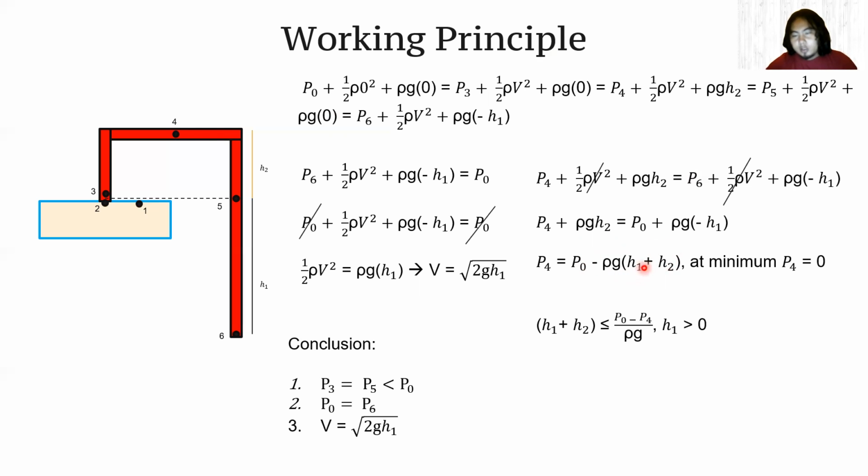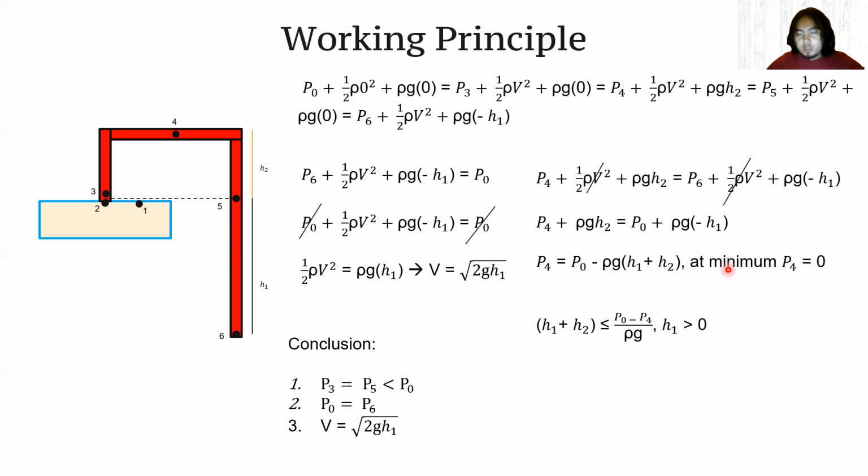So from here it is explicitly stated that if h1 plus h2 is increased, P4 will be decreased. At the minimum, if h1 is maximum, P4 will be minimum, and at the possible minimum value, P4 will be 0.